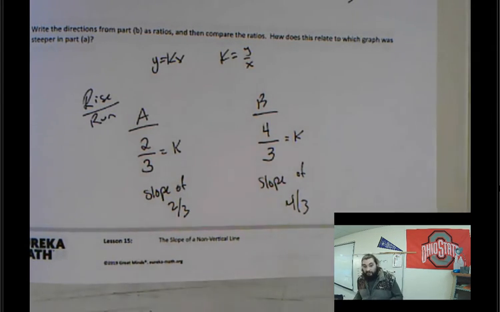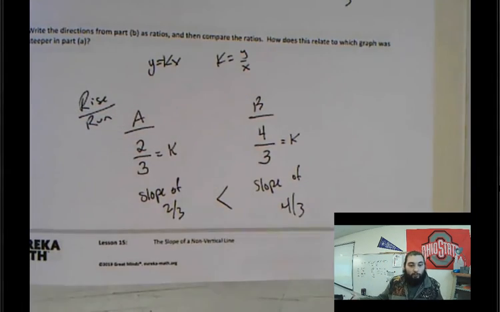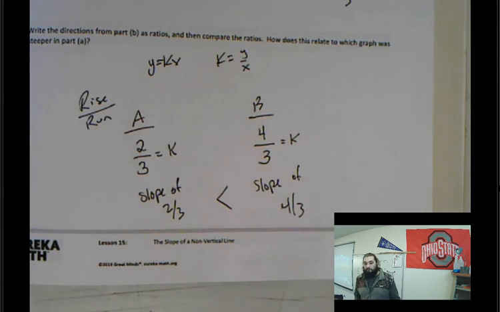When you measure the same thing, then you can accurately compare them. This is what we're doing. We said that graph B was steeper, and what that means is we have a greater value for its slope. In terms of which one is greater, obviously the one that has a value of 4/3 is greater than a value of 2/3. That should make sense. So, to wrap all this up, we are looking to define and compare the slopes of these lines.